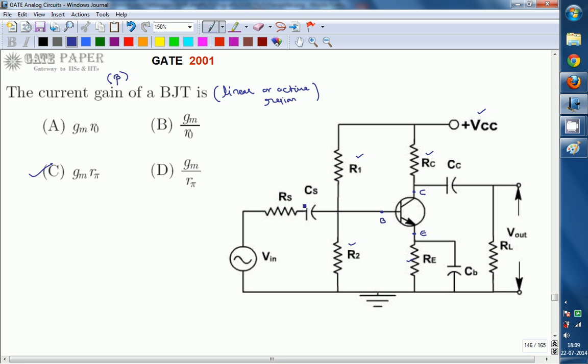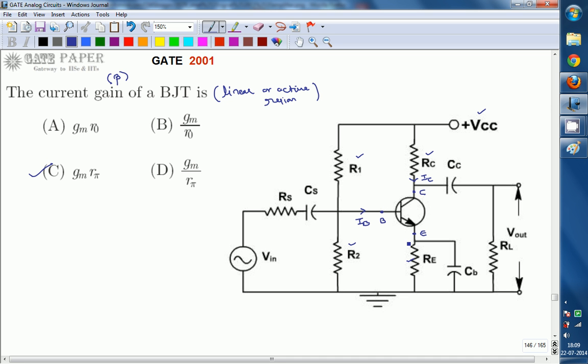Biasing the transistor is nothing but keeping the transistor in the active region. Now whenever you keep it like this, the currents flowing through it are all DC currents. This current will become IC, this will become IB, and this is IE.